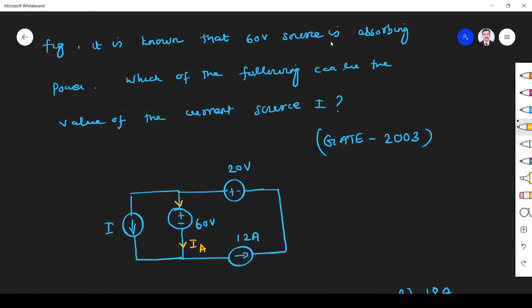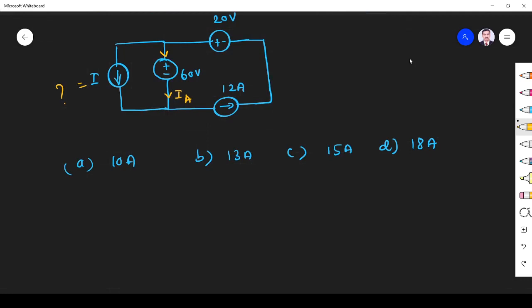The 60 volt source is absorbing power, and what they ask is the value of I. As per KCL at this node, the incoming current is I plus IA, and the outgoing current is 12 ampere. So this implies I is equal to 12 minus IA.